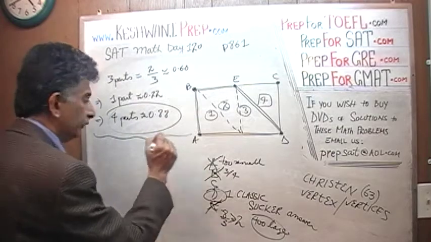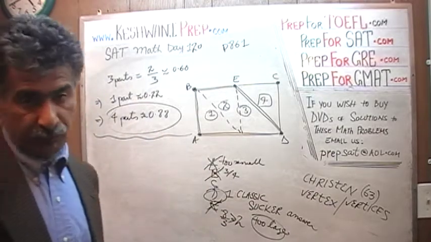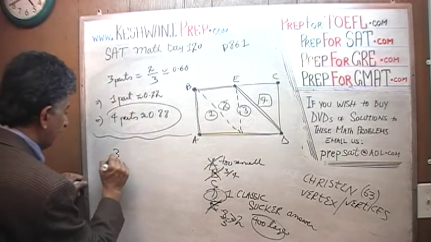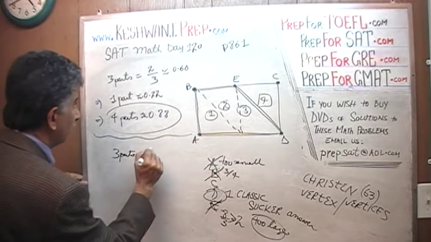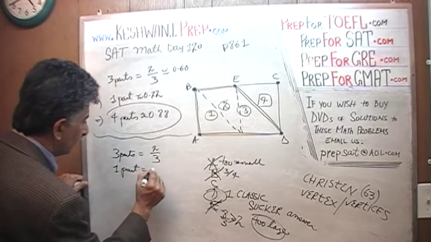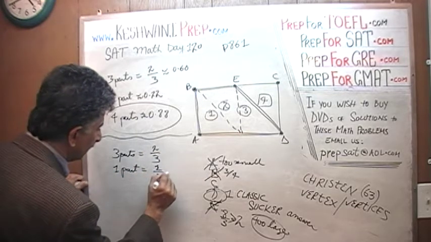Another way to continue with this problem is to continue the entire problem in fraction, which is this way. Again, 3 parts equal 2/3. Therefore, 1 part will equal 2/3 times 1/3.